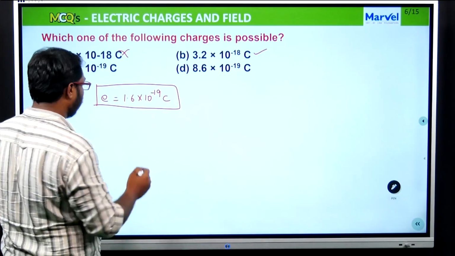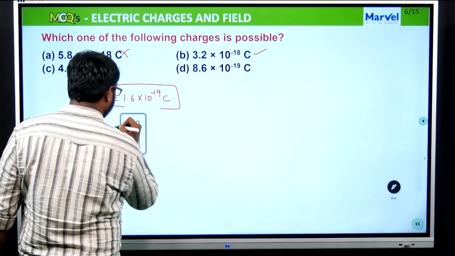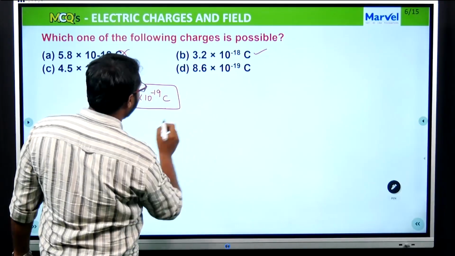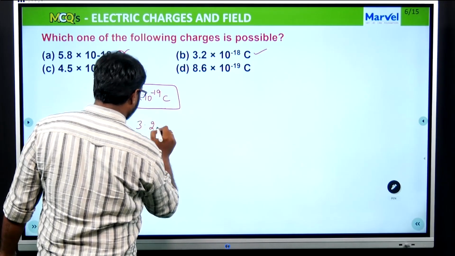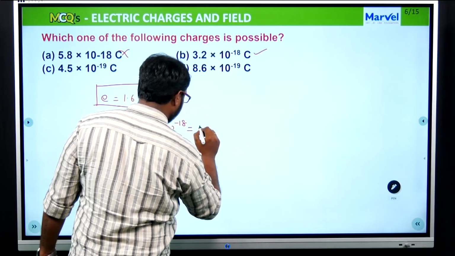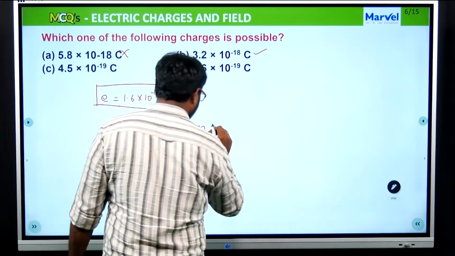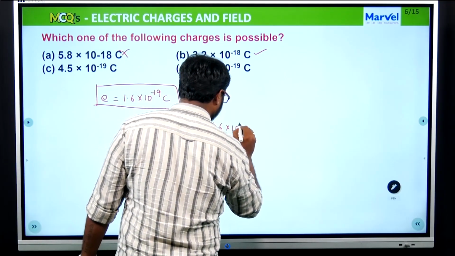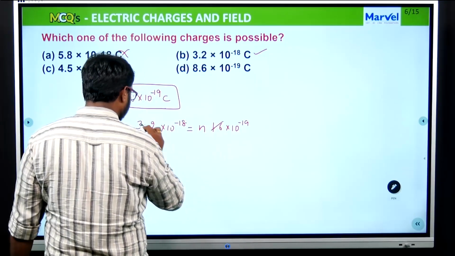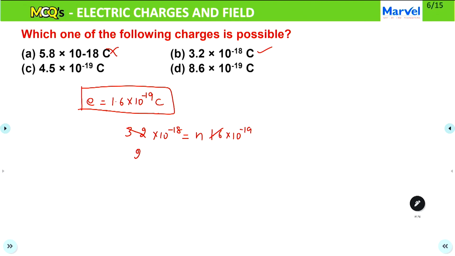They say that this is the charge of some body. So 3.2 into 10 power minus 18 is equal to n times 1.6 into 10 power minus 19. If I just bring it down, it becomes 2 into 10 power minus 18 divided by 10 power minus 19 is equal to n.